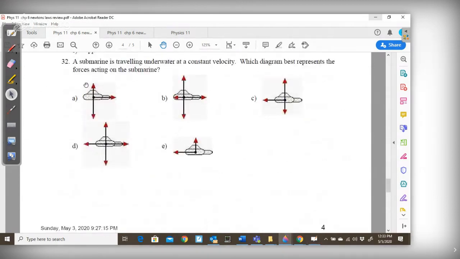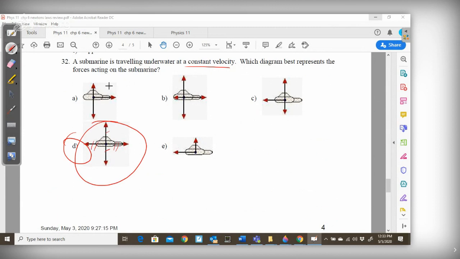A submarine is traveling underwater at a constant velocity. The acceleration is equal to 0, which means the net force is equal to 0. The answer is going to be D. The forces are balanced. The force that's causing it to sink and the force that's causing it up are going to be equal to each other. The force moving forward is going to be balanced by the force of drag going against it. Here, it's sinking, but you're also missing the drag.